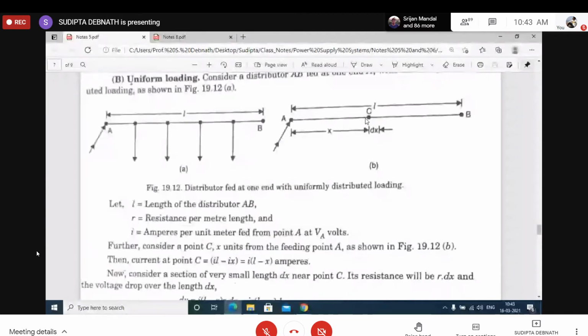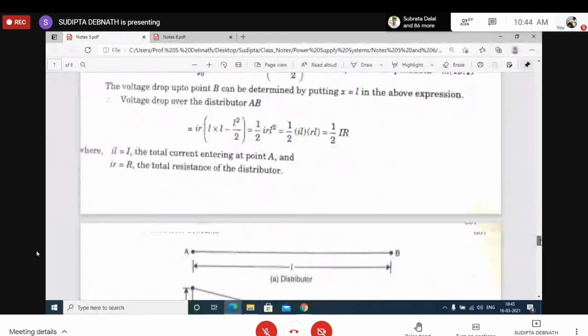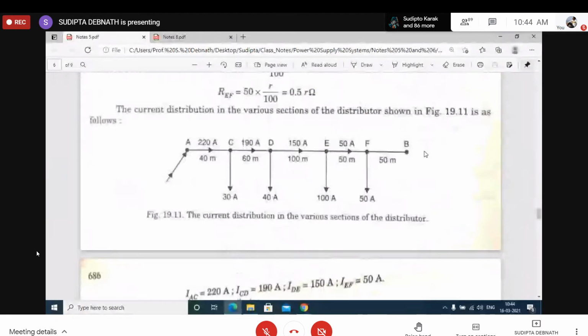Now consider a very small cross section, though that cross section is not shown here. I think it is shown. No, not shown. Let me see whether it is shown in the next slide.